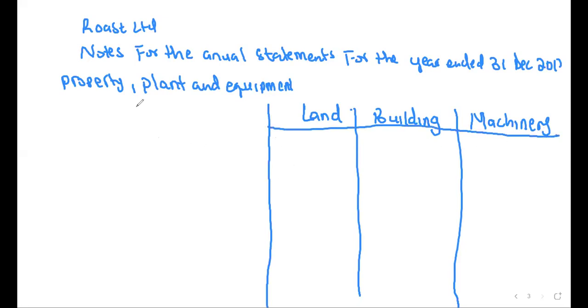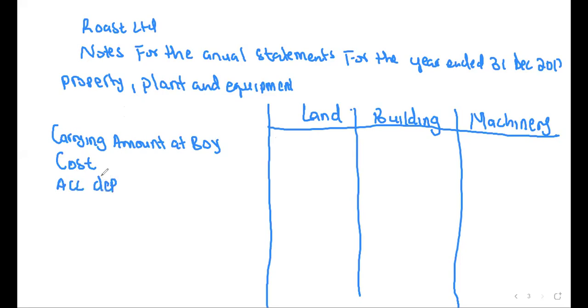So which means we need the carrying amount at the beginning of the year. Then you will need the cost, then accumulated depreciation. What else can we need?